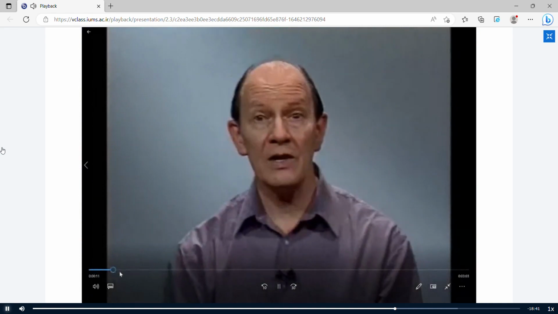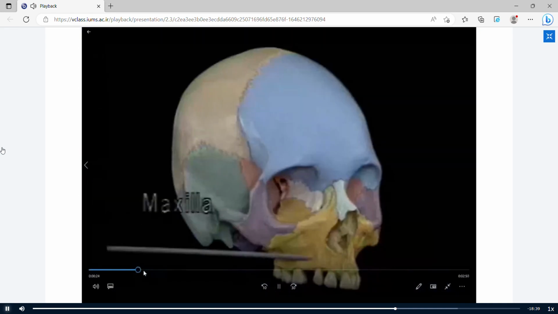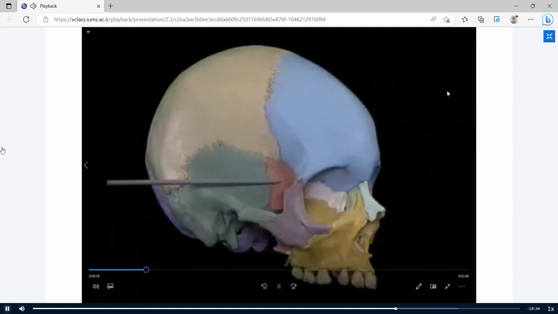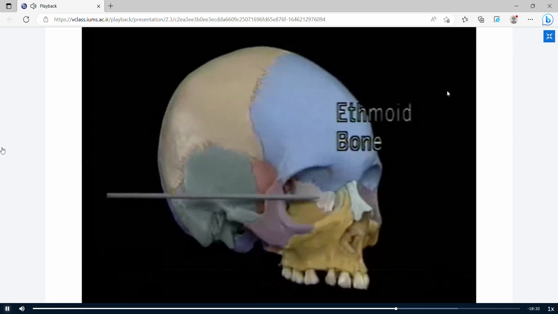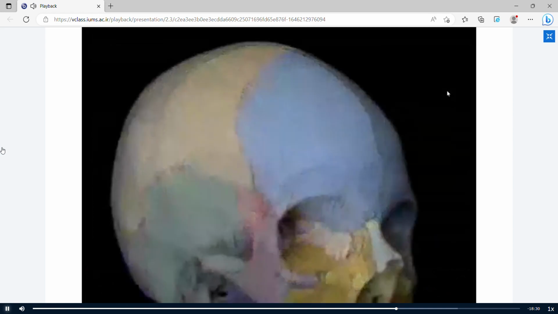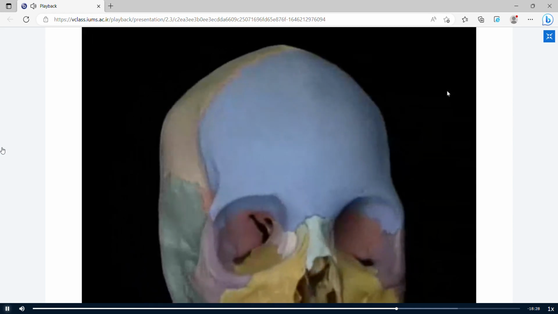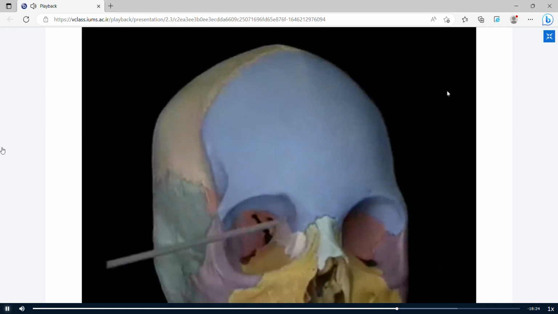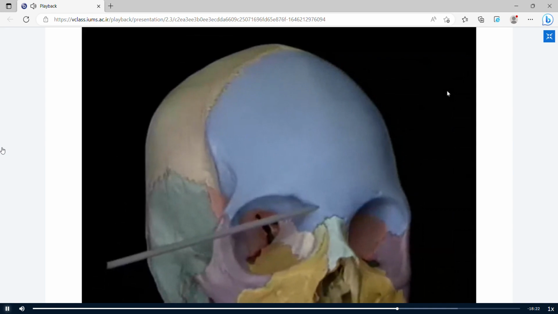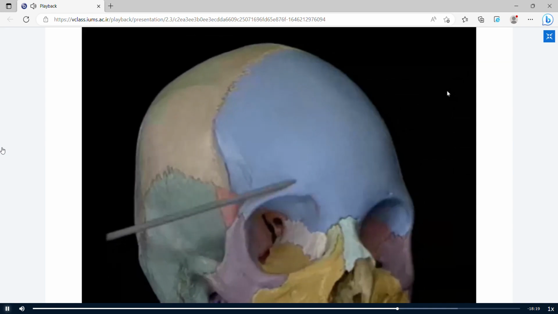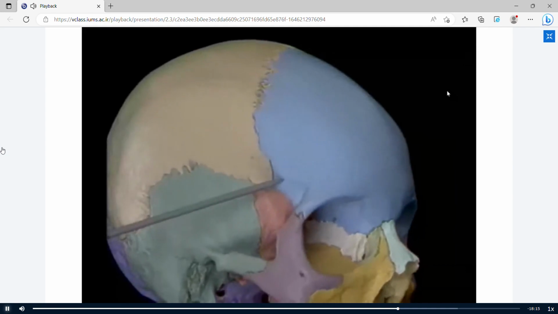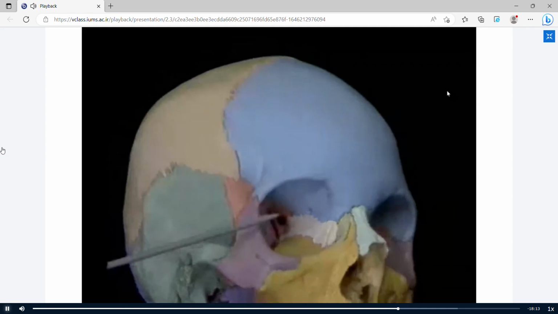Now that we've looked at the shape of, see how largest the maxilla, the sphenoid bone, and the ethmoid bone. The frontal bone is a very large bone. The lower part of the frontal bone forms the beginning of the root of the nose, the upper part of the orbital margin, a small part of the temporal fossa, and a large part of the roof of the orbit.